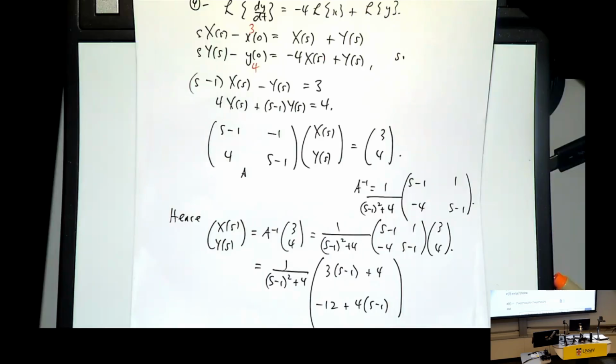Is it got to do with keeping the shifting theorem sort of intact? Yep, exactly. Notice that there is s minus 1 and s minus 1, s minus 1, s minus 1. It's a shift. And we're going to have to undo that later.